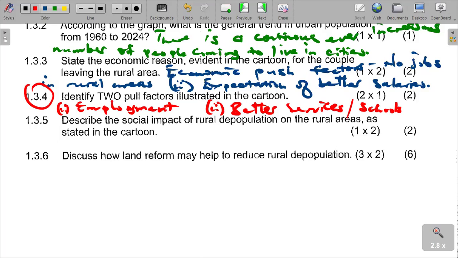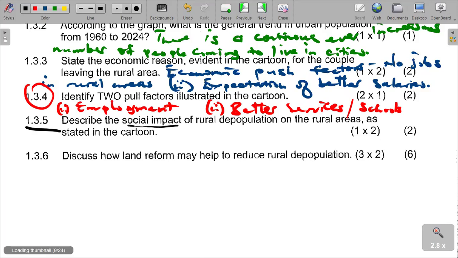Next question, saying describe the social impact of rural depopulation on rural areas as stated in the cartoon. A social impact, we are saying in terms of the living, in terms of the survival of people, what is the social impact that we have with regards to this?